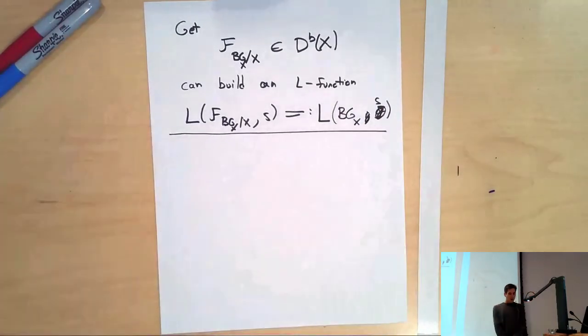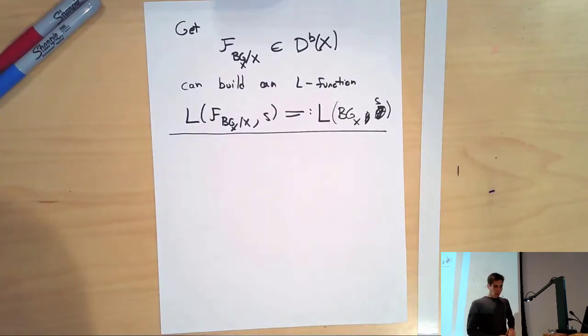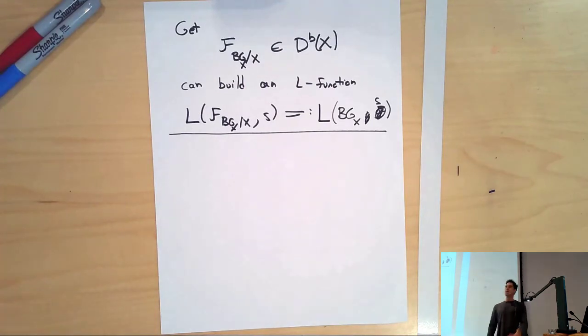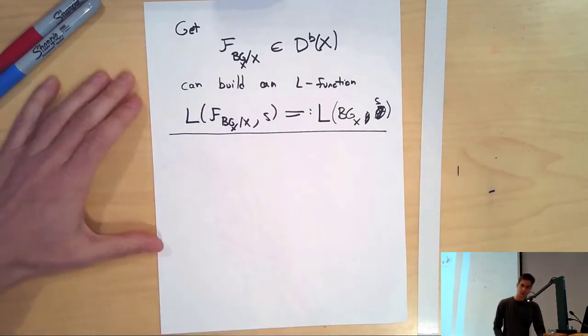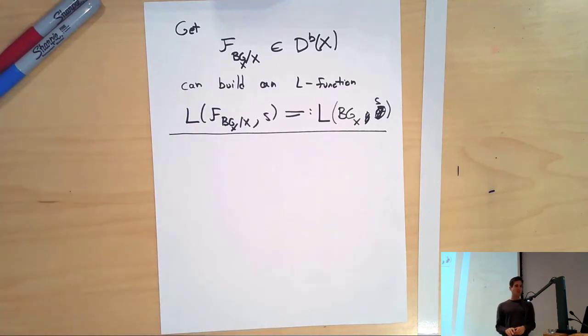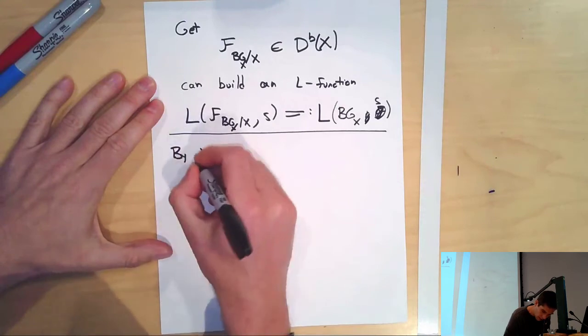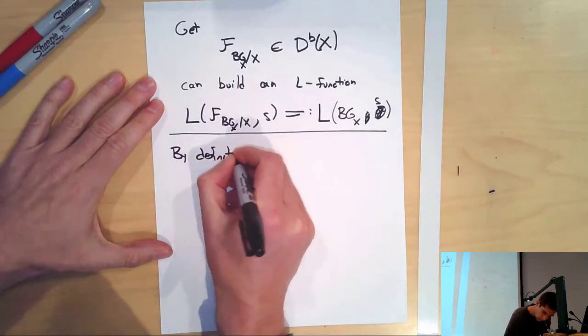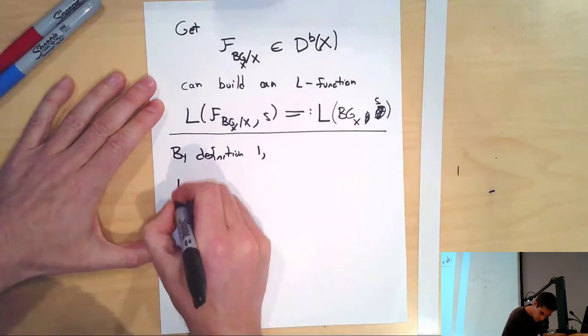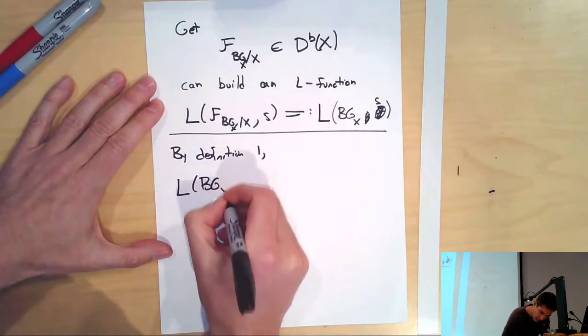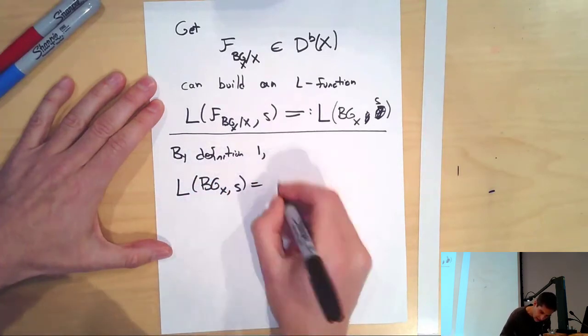Okay, so what can we say about this L-function? Well, I would like to first just write down what its values are. So we have two formulas for how to evaluate an L-function. So let me use the first of those formulas now. So by definition 1, what is this L sub BG sub X comma s?